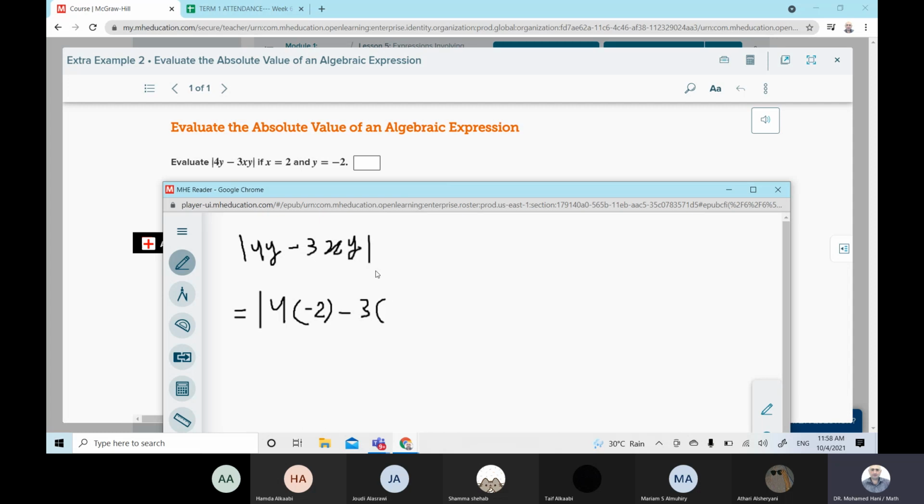What is the value of x? As you see, the value of x will be 2. And the value of y will be minus 2. Then we can solve.